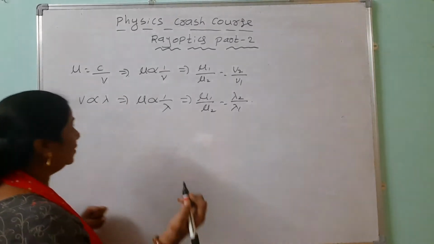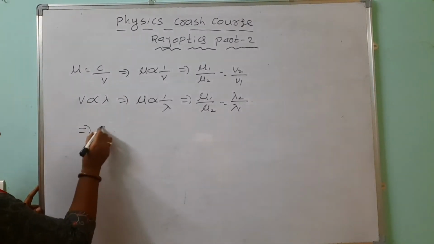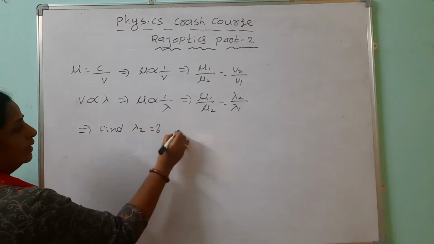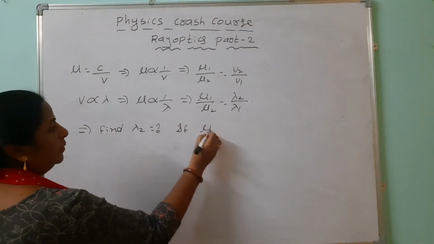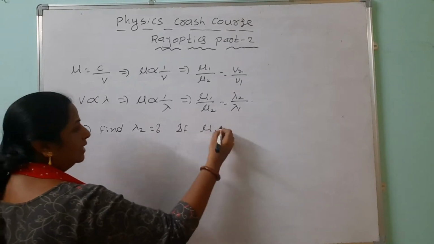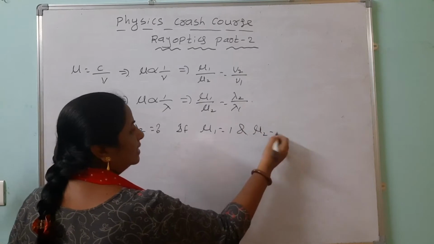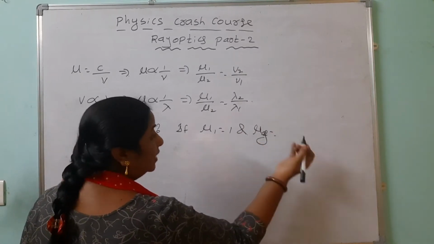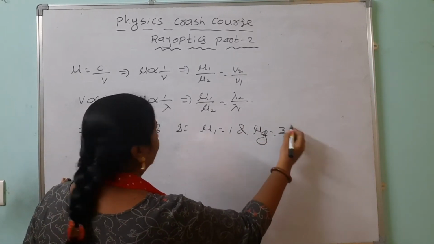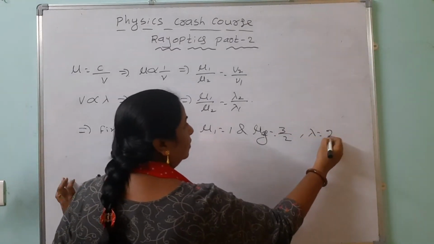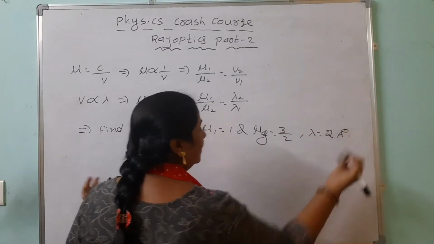So like that we do one problem also. Find lambda 2. If mu1 equals, as mentioned in the problem, air, immediately we take 1. Then mu2 is glass. Glass you should remember is 3/2. Then lambda 1 is 2 angstroms.